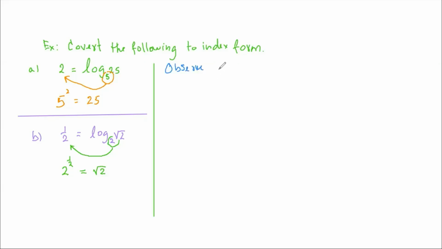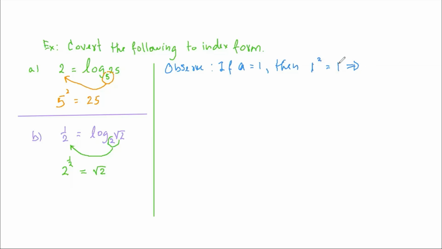So if a equal to 1, then 1 power 2 equal to 1. From this exponential form, I want to convert this to the term of logarithms. So this one, we take a look again. The first thing we have to consider is the base. Which one is the base? Now 1 is the base, power 2.